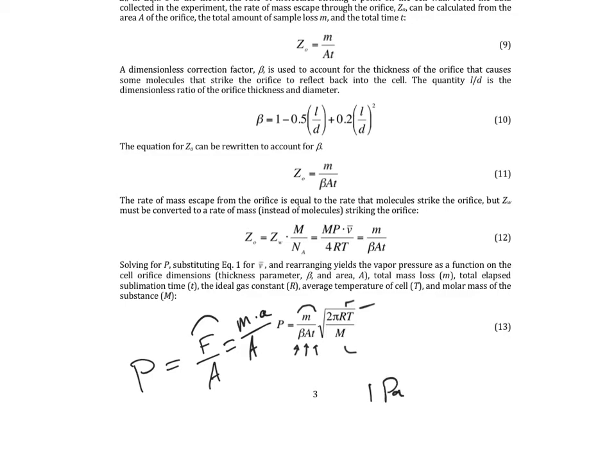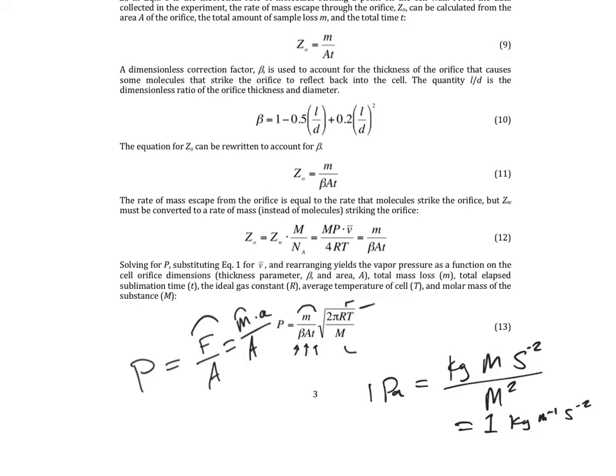So 1 Pascal, the SI unit of pressure, is going to be our unit of mass, a kilogram, and then our acceleration, meter per second squared, and then dividing by the area in SI units, meter squared. And so that's going to lead the units of the Pascal to being 1 kilogram meter to the -1, second to the -2.